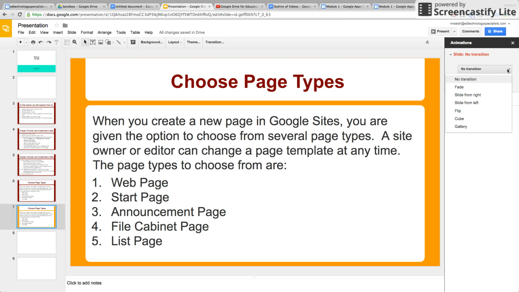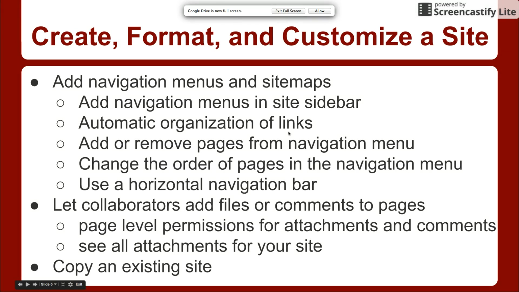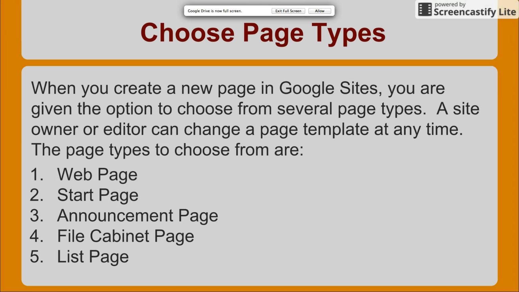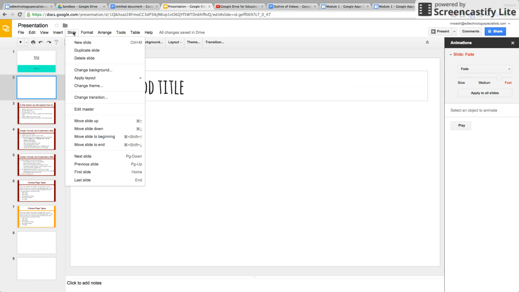If you want a transition in between all of your slides, you can click one and press apply to all slides. And now, when you go to present, there's a fade transition. So those are transitions. Okay. So that's new slide, duplicate, delete, change background for a particular slide, apply layout, theme, transition.